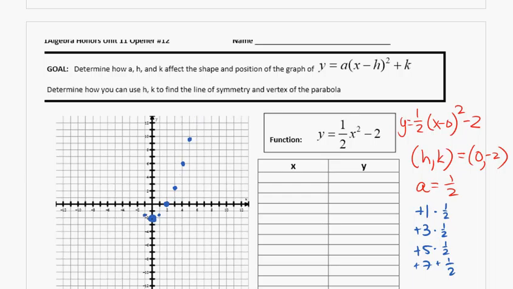So now I use my symmetry to plot the rest. And there you have it, a slightly wider parabola, shifted down 2 units.